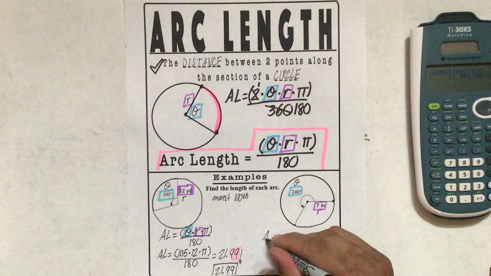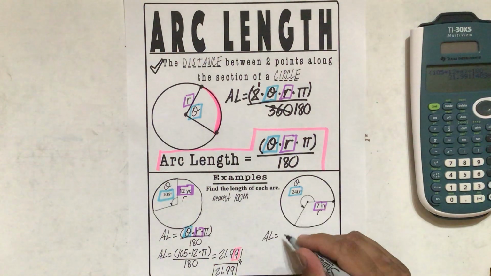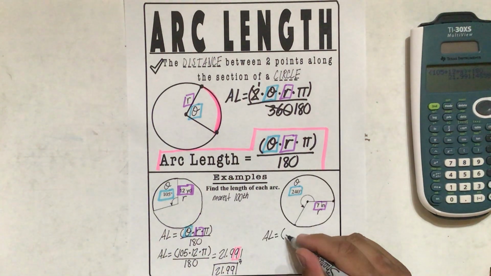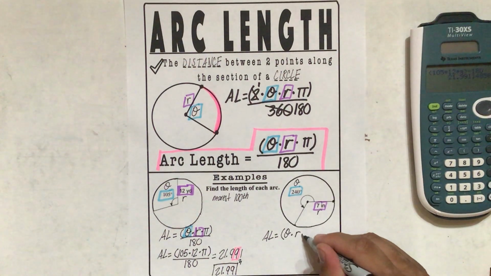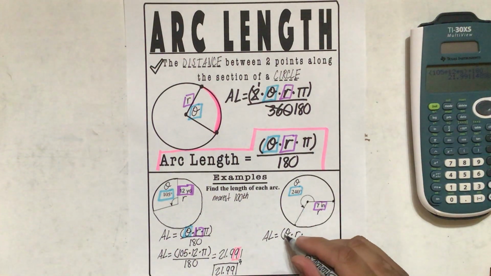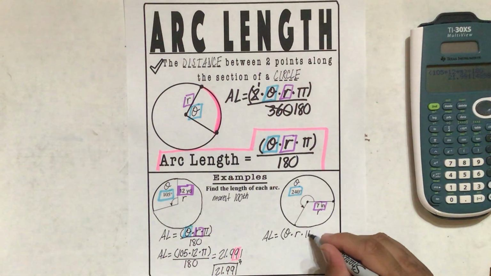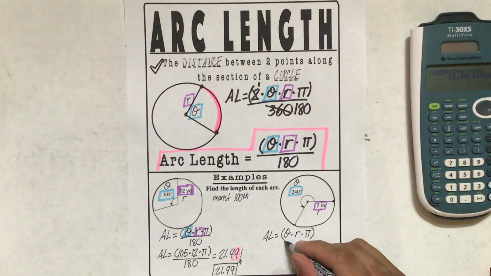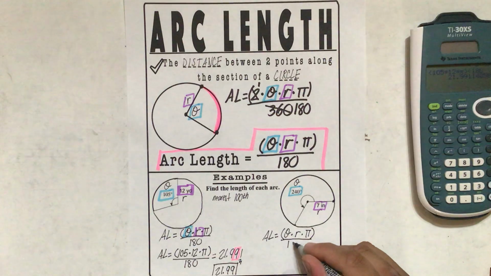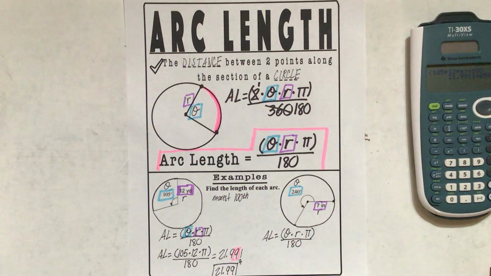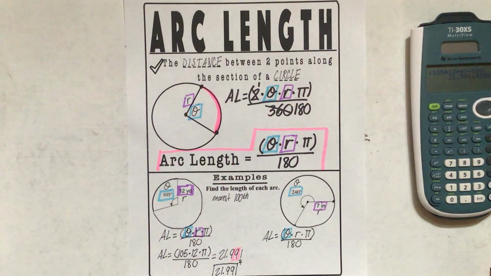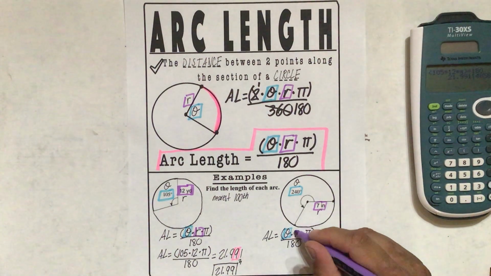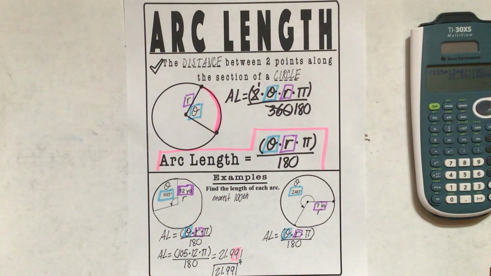AL is equal to parentheses theta times r times pi, excuse me, parentheses, divided by 180. My theta is in blue, my r is in purple.